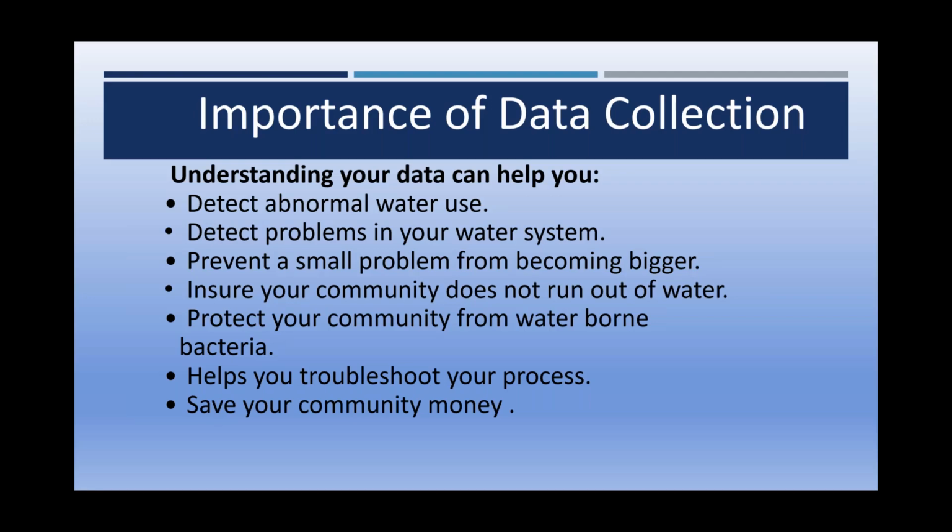And if your system's not running correctly, or even if you have a leak in your system, you can add contamination to your water. So it's really important to be on top of the operation of your plant. And of course, this can save you a lot of money if you can catch these problems before they get to be big problems. And if you end up having to haul water into your community because your system has failed, that can cost a horrendous amount of money, up to $100,000 a week.